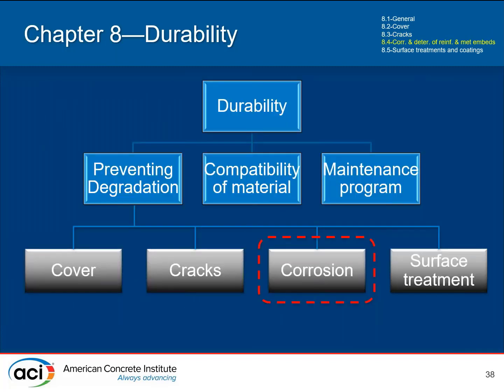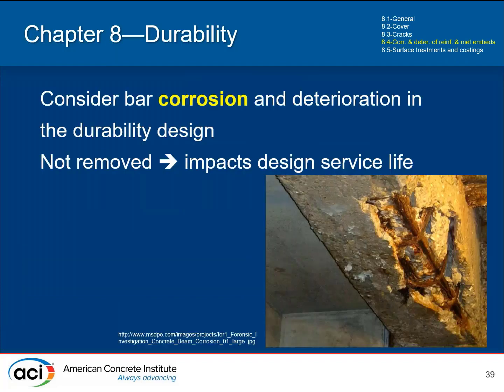Next one I wanted to hit on: we've covered cracks and preventing deterioration or degradation. Corrosion is a special system that is just so important that it requires its own description, in addition to all the other degradation mechanisms that can happen.